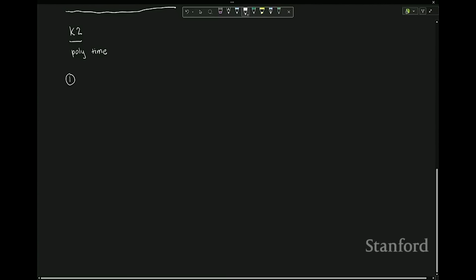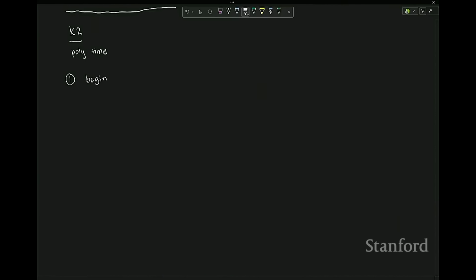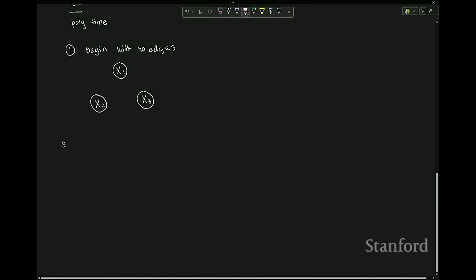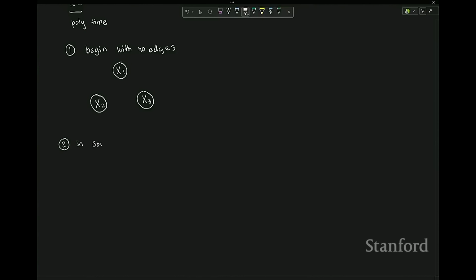In K2, we begin with a completely unconnected graph. So no edges. So maybe we have something that looks like this. And then in some order, in this case I'll choose a very simple order, we're going to iterate over the nodes.